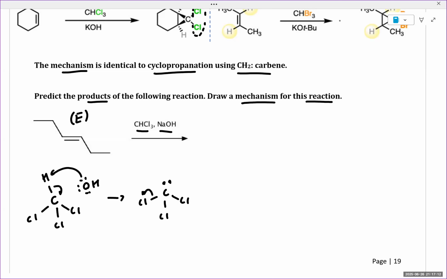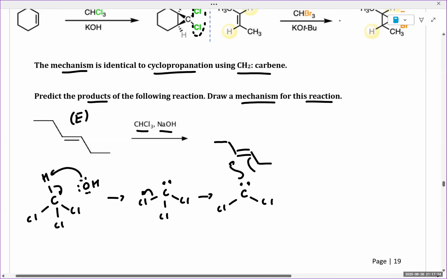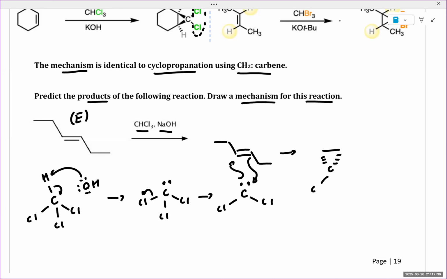From here, you lose your leaving group, and we now have our dichlorocarbene. The dichlorocarbene is going to selectively react with, in a concerted manner, our alkene, and that in turn generates our dichlorocyclopropane.